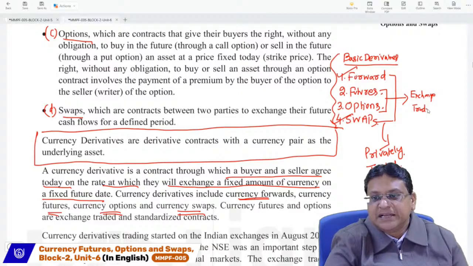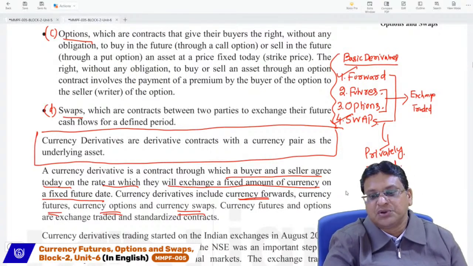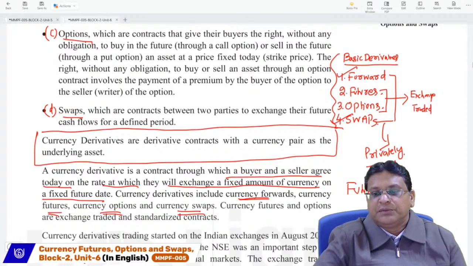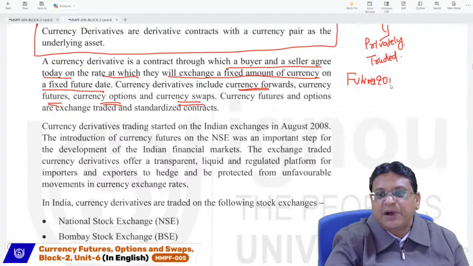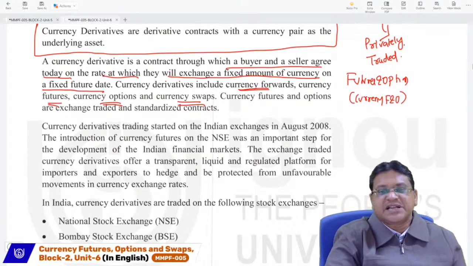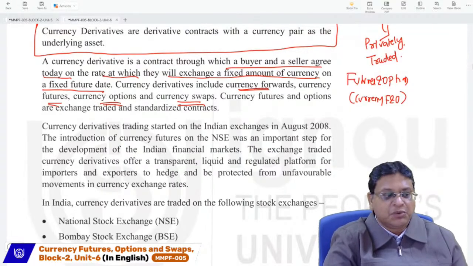So in the market, you will find currency futures and currency options, together known as the currency F and O market. We will discuss in detail what a forward, future, option, and swap is.